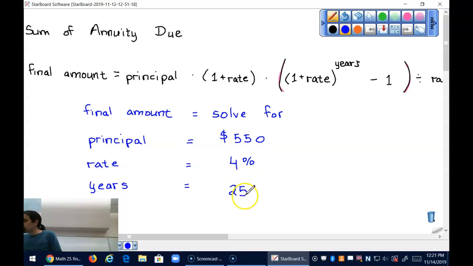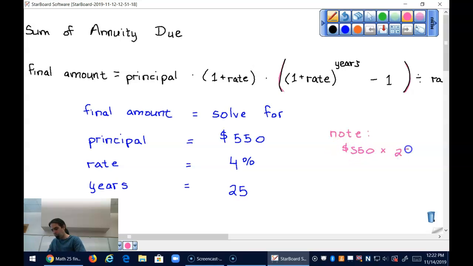As a side note, just to help me think about it, if I do the 550 times 25, then I'm getting 13,750.